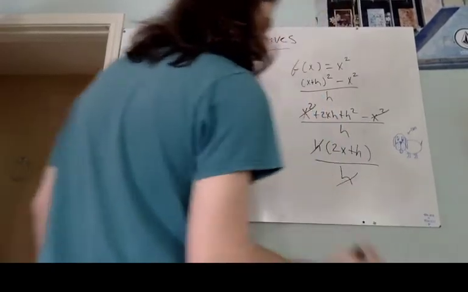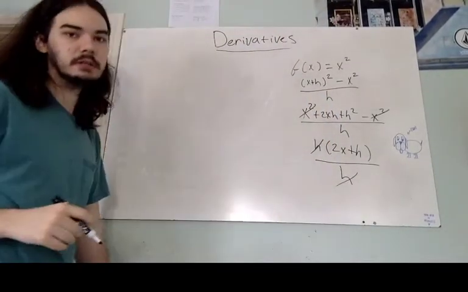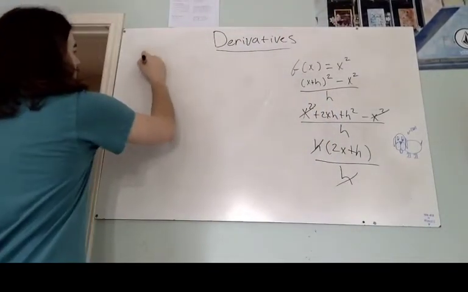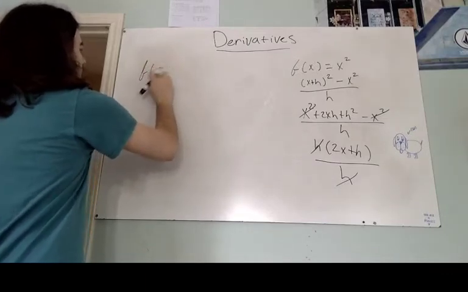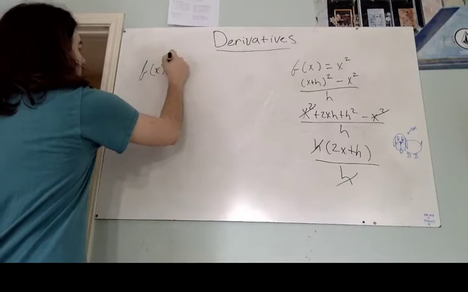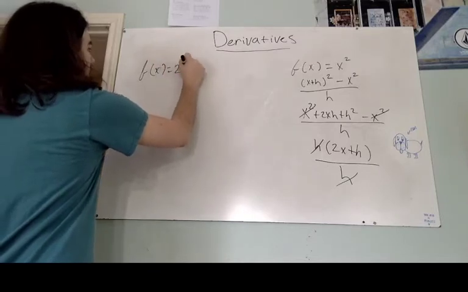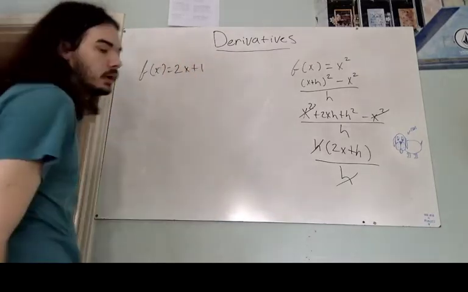So let's say I want to find the derivative of f of x equals 2x plus 1, right?